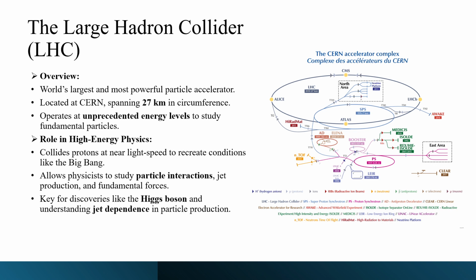So this is the overview of the LHC. First of all, we take two protons and accelerate them in opposite directions around this circular circumference, and they collide at different detectors, like ALICE, which works on some other aspects, and ATLAS, LHCb, and CMS.